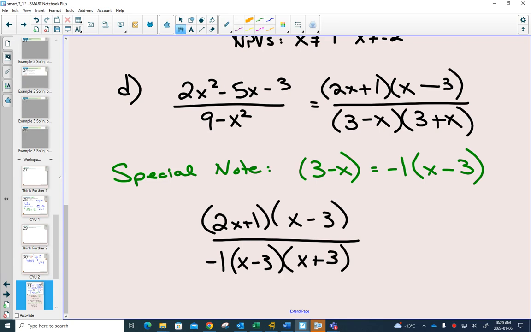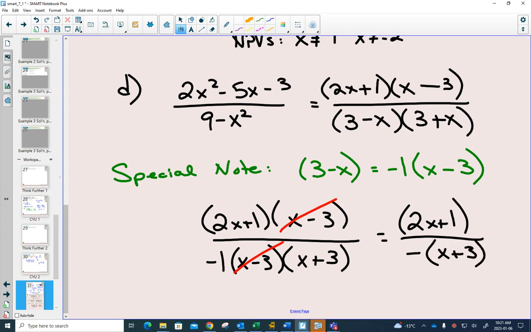That one doesn't matter the order. Now my factors are identical. And I can simplify this. Non-permissible values in this one: x can't equal 3, and x can't equal negative 3.